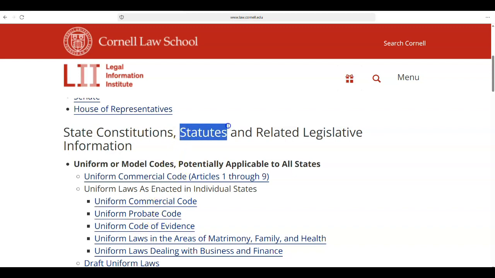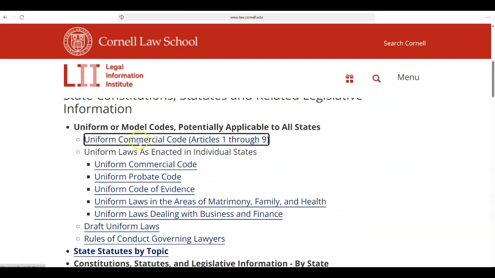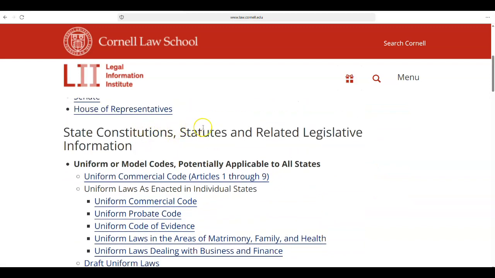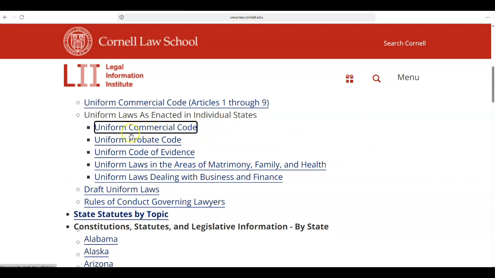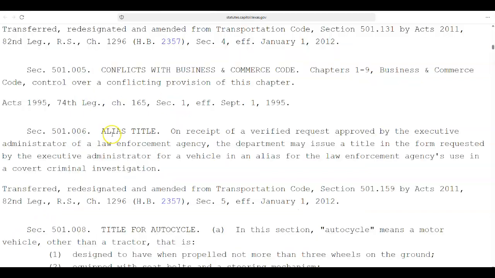State statutes, okay? Federal statutes. Federal statutes are your full United States Code. Your state statutes are the Uniform Commercial Code. Now, with that being said, if you don't believe me, the federal statute also promulgates the same understanding, the same ruling, if you will.